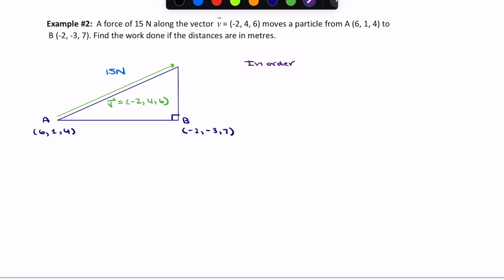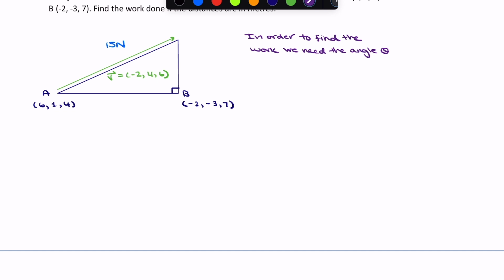In order to find the work, we need to find angle theta. Okay, so the first thing we'll do is find the magnitude of this vector.